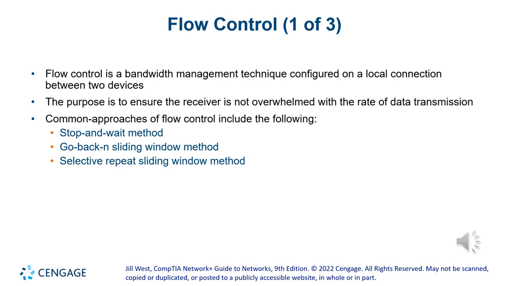You can also have the go-back-N sliding window method, where it will send you information, and if it doesn't receive an acknowledgement, then it will send everything again. It could be multiple packets at the same time, and if I don't get an acknowledgement, that means something went wrong, so I'm going to send it again. But I send the whole thing.